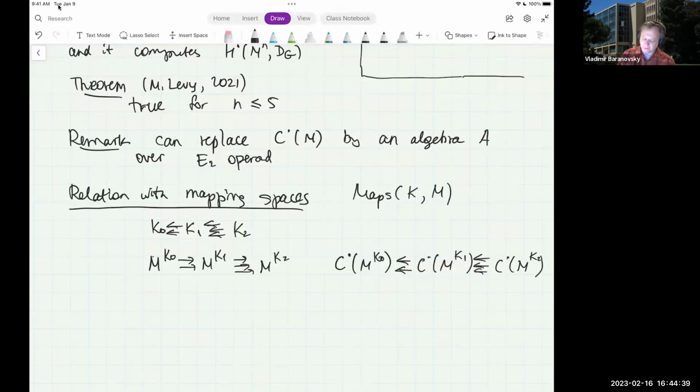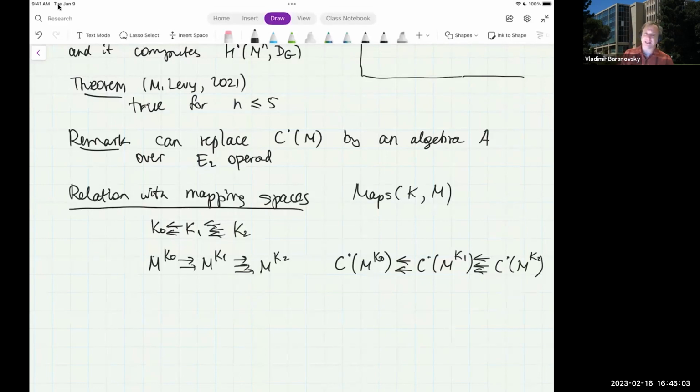And then if you tried to construct a complex out of this simplicial object, then under certain assumptions, so you need some convergence assumptions, you would be computing cohomology of the mapping space.